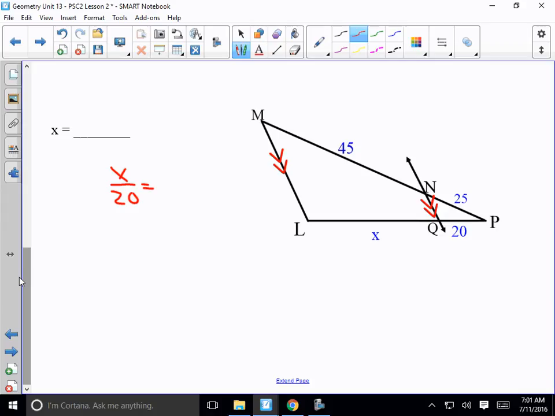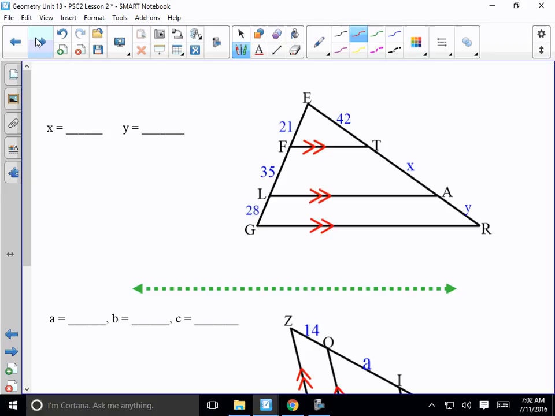So when I look at this top side, I have to make sure I go with the 45 first, left side over right side. And then we cross multiply and solve. So every one of the problems finishes the same way. You just have to make sure that you're setting up your proportions properly. So we've got 20 times 45 equals 900 divided by 25, and we get 36.